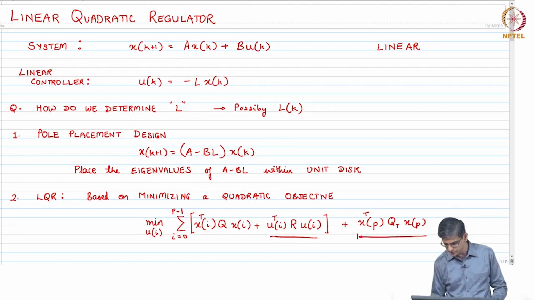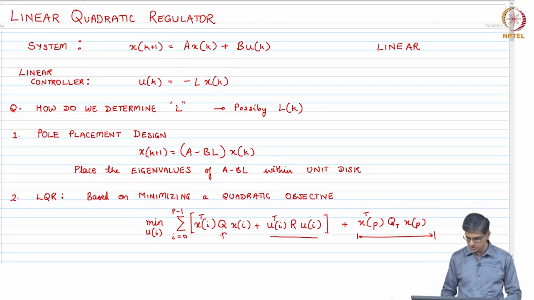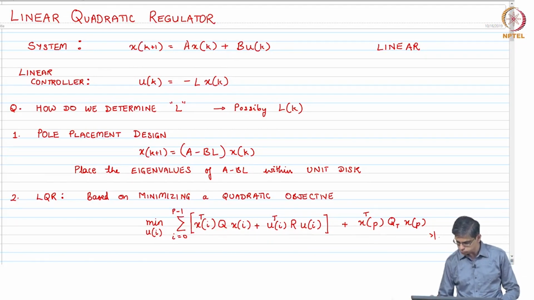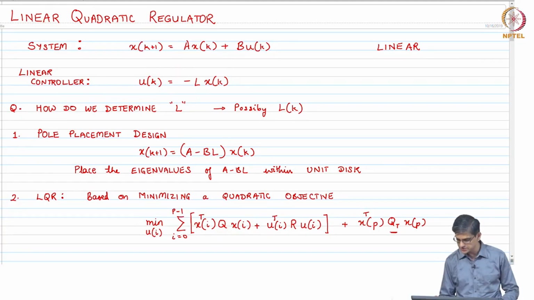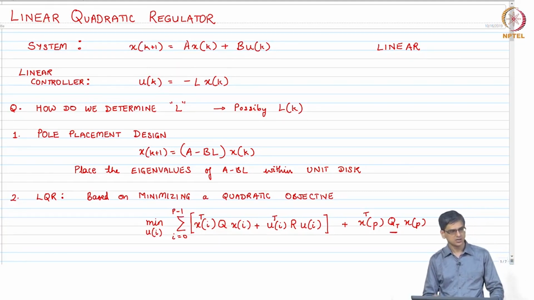The terminal cost may be different than this Q or it may be same as this Q. If Q and Q_T are same, then that is the usual case, but the terminal weight matrix need not be same as the within the summation weight matrix, okay.